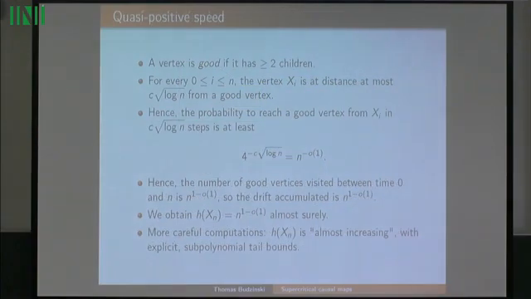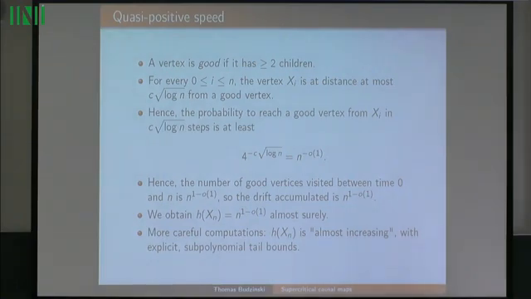Okay, so now I know that the worst vertices I find are basically square root of log n bad, which means that I always have a good vertex, a vertex with at least two children, at a small distance, at distance square root of log n.